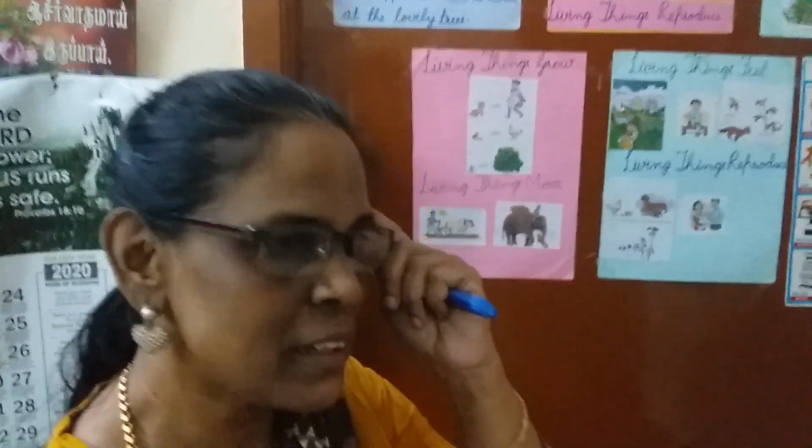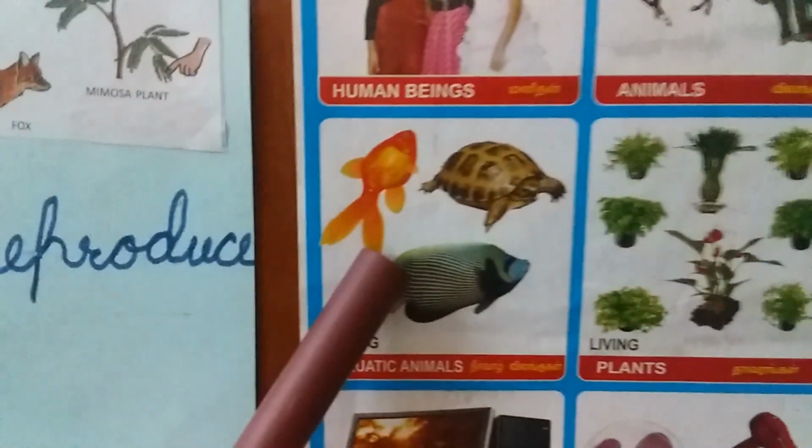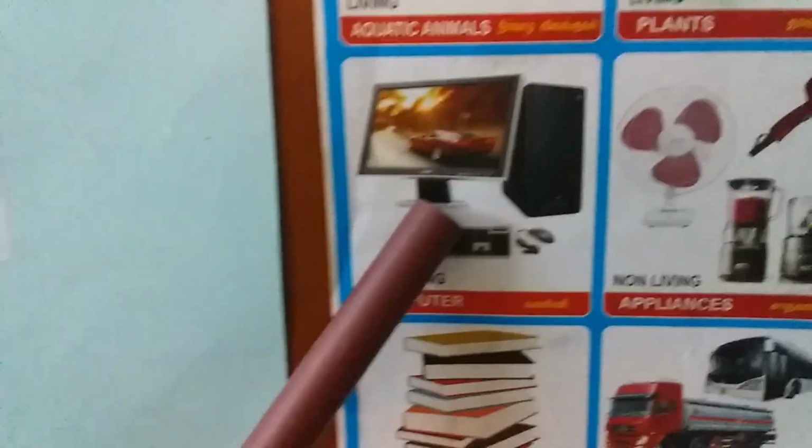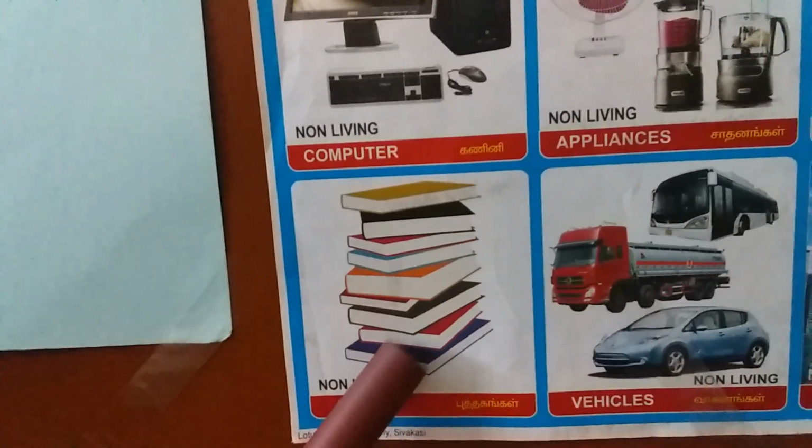Now finally, I'll point out a certain picture. You tell me whether it is a living thing or non-living thing. Fish, living thing. Computer, non-living thing. Human being, living thing. Books, non-living things.